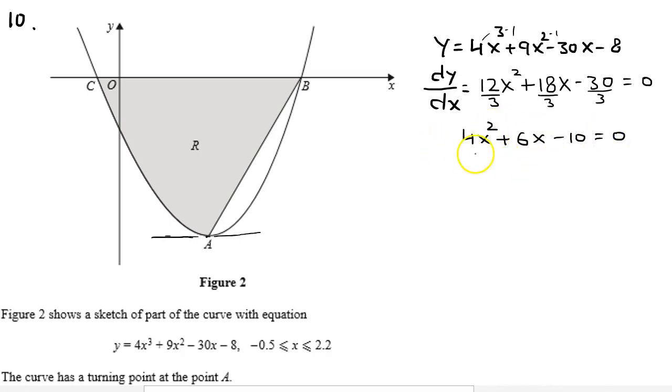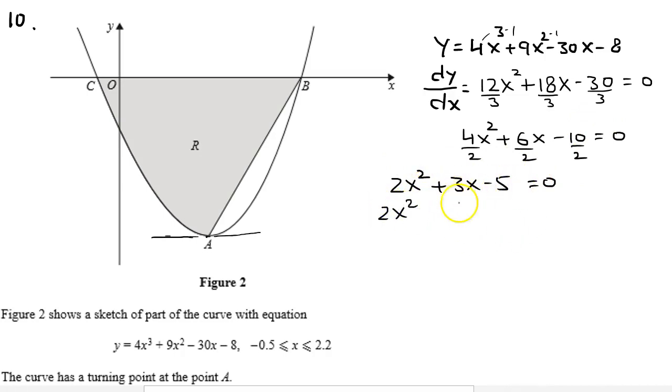We can still simplify it by dividing by 2. So we can write it 2x square plus 3x minus 5 is equal to 0. So we have to simplify this. We factorize it. 5 times 2 is 10 and 5 minus 2 is 3.